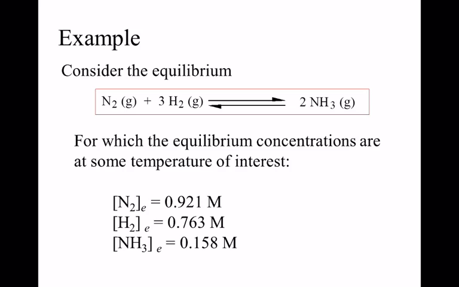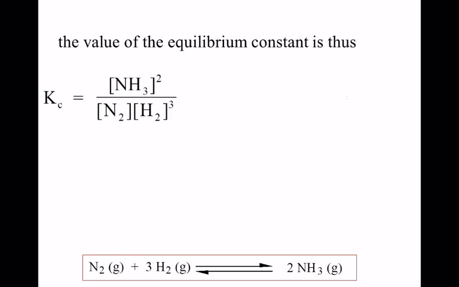All right, so one of our first things is to knock out the Kc, the equilibrium constant for this equilibrium. And then we're going to change the volume. And I'm going to tell you that when we change the volume, the Kc remains the same because it's the same temperature. So let's write the equilibrium constant expression: the molar concentration of the product raised to the 2nd power, divided by the molar concentration of the reactants raised to their stoichiometric coefficients.